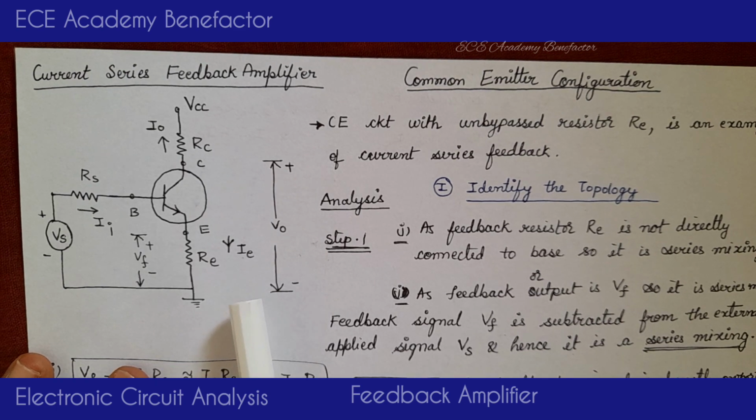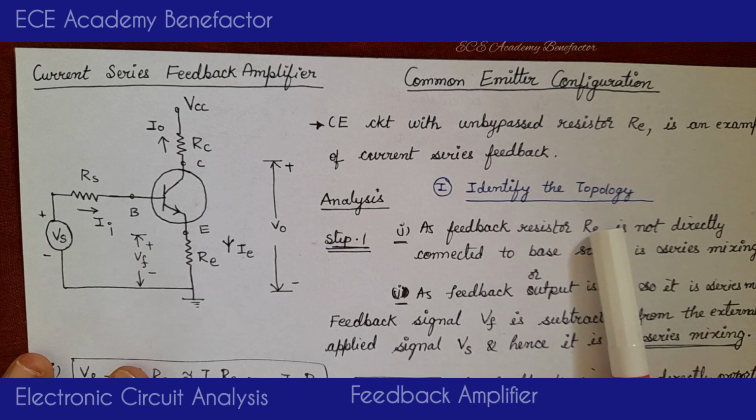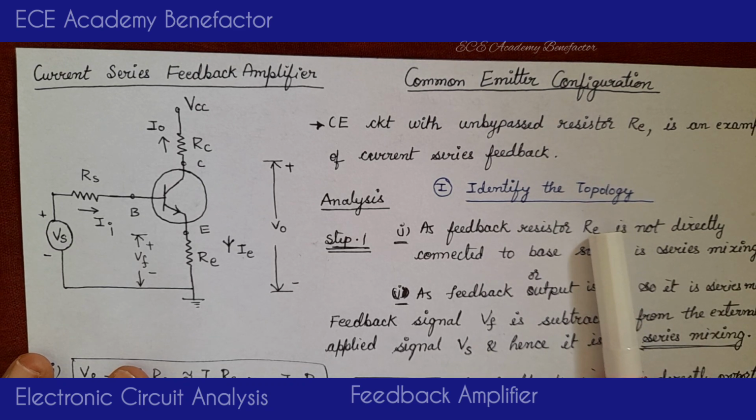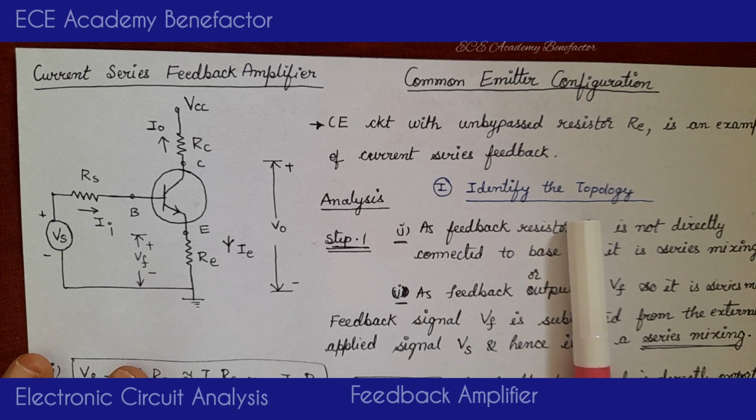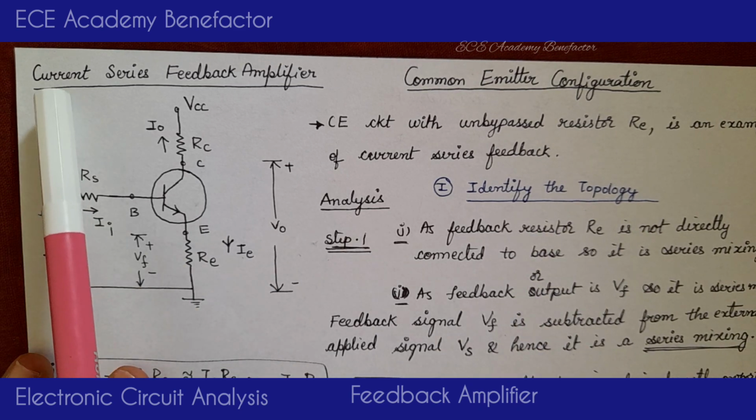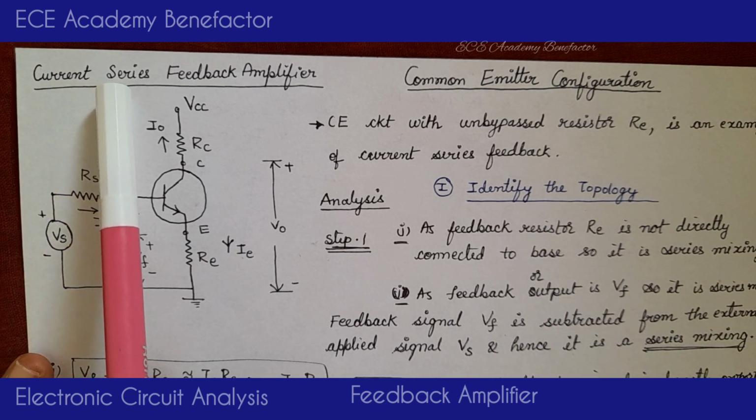So there are a few steps before finding the gain with feedback, RIF, input resistance with feedback, and output resistance with feedback, ROF. First step is to identify the topology. Identifying the topology means, as you know, there are two words, current, series.